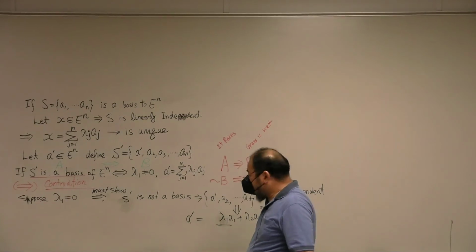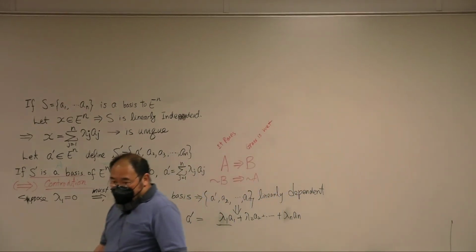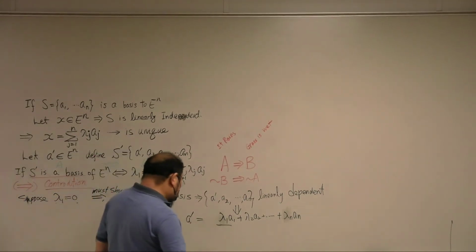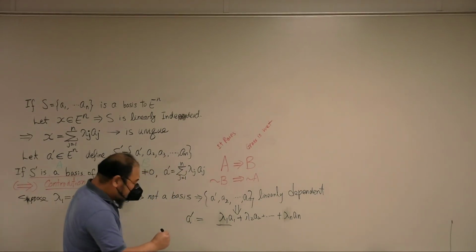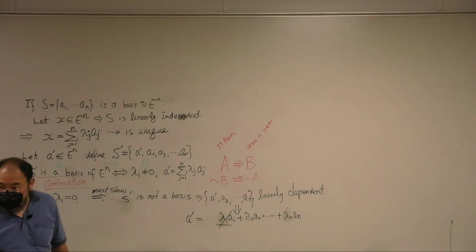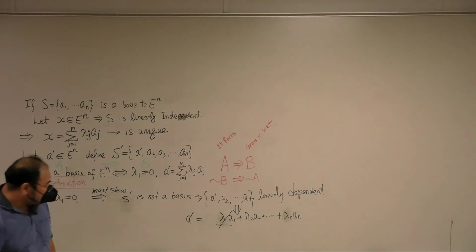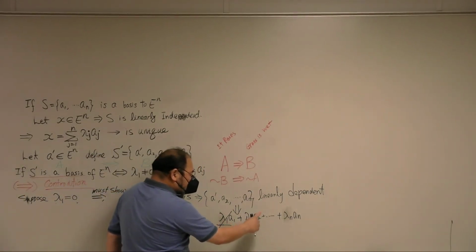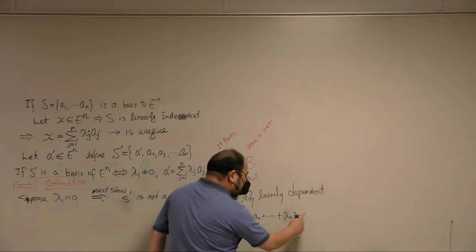So we'll be creating a contradiction. What happened is if lambda 1 equals 0, this term is gone, okay? By assumption, this guy is gone. So lambda A prime equals lambda 2 times A2 up to lambda n times An.